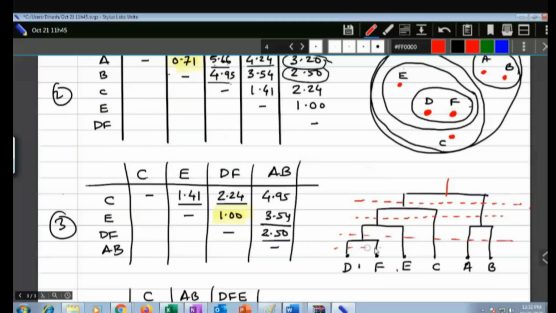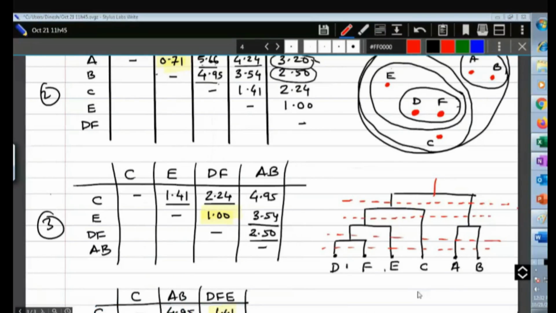And then ultimately, if you take the intersection at this, you will have all 6 data points as different clusters. So at every level, if you take the intersection, you will have that number of clusters. That's why initially the value K, the number of clusters, is not given. And that's why you can have different clusters at different levels.